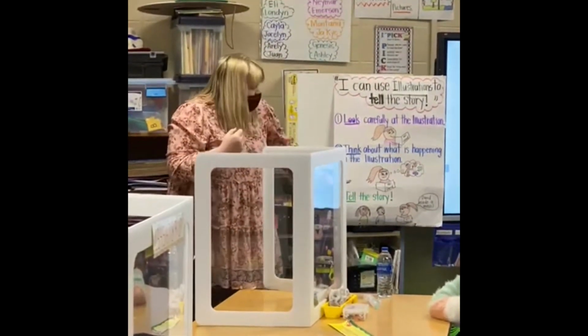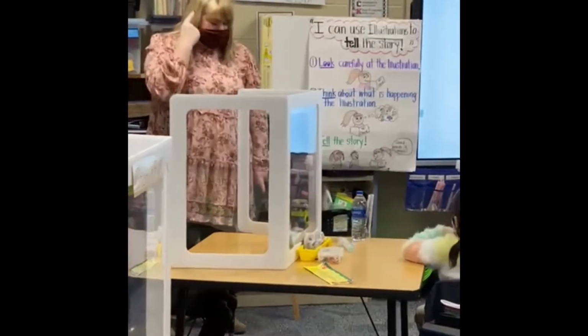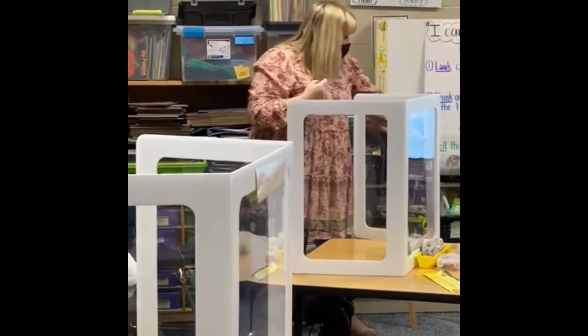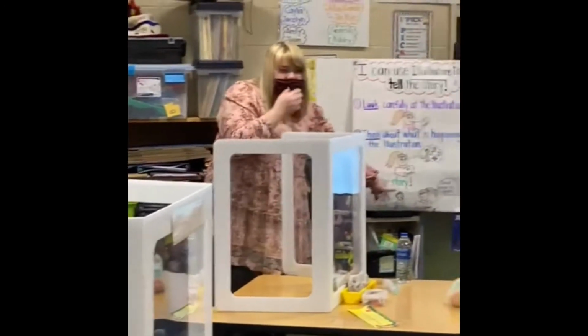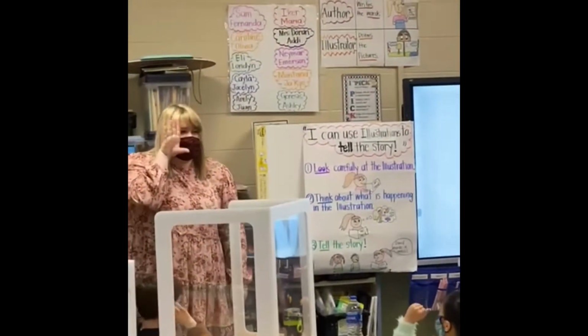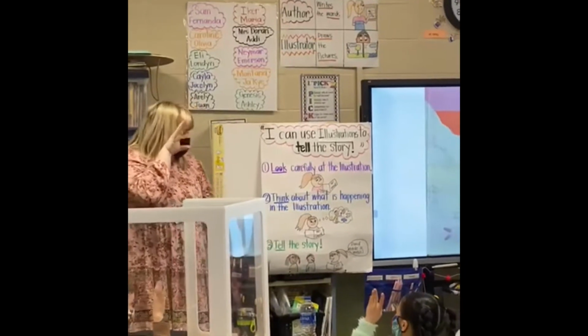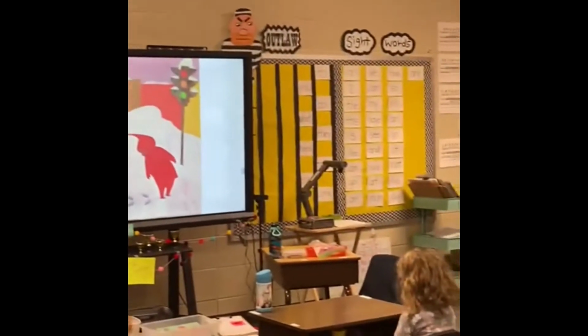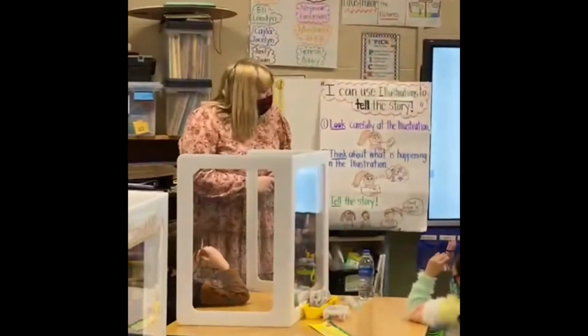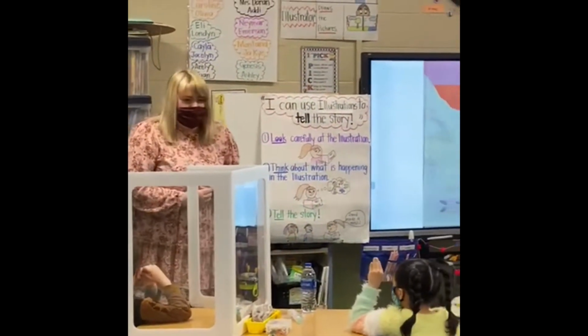Now, once I've thought about what's going on, I'm going to tell the story. Everybody do this. This is going to be our motion for tell. So, I tell my friends or my teacher, the little boy was walking in the snow. It looks cold outside.